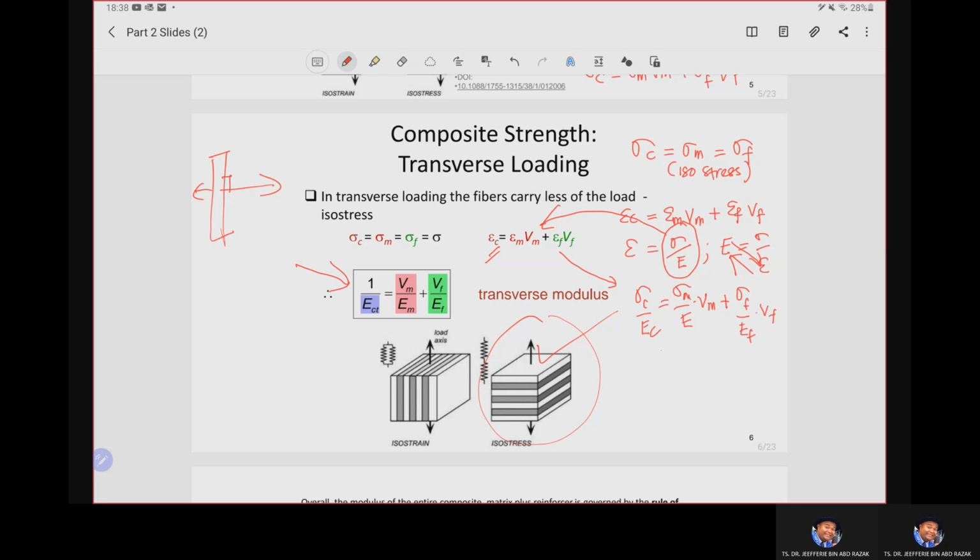Since we understand that sigma C equals sigma M equals sigma F, we divide all these terms by their respective sigma. So after you divide it, you will have 1 over EC equals VM over EM plus VF over EF.